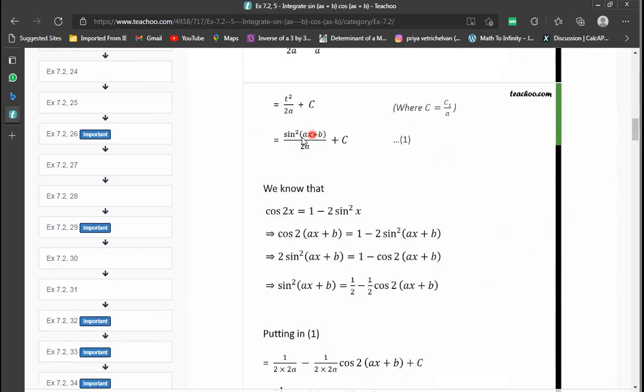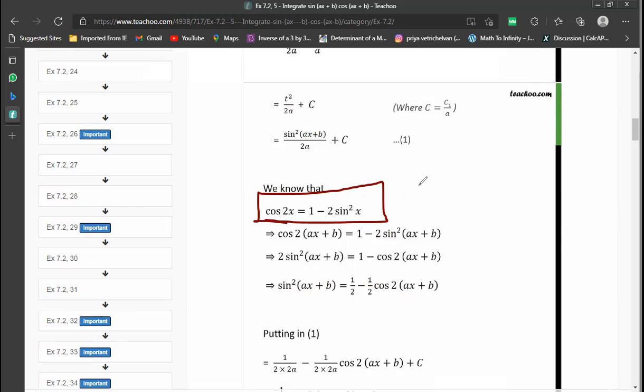Here they are just rewriting the sine square in terms of 2 thetas. And sine square theta can be written as 1 minus cos 2 theta by 2. That is a formula for cos 2 theta: cos 2 theta is equal to 1 minus 2 sine square theta.